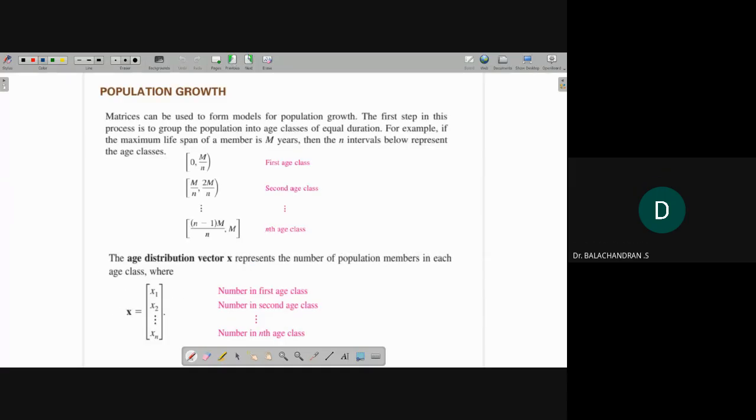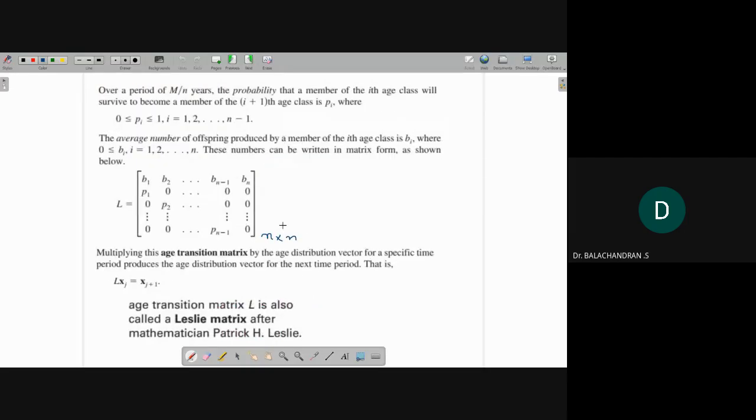Capital X. Okay, multiplying this age transition matrix by the age distribution vector for a specific time period produces the age distribution vector for the next time period. So that is L times Xj equals Xj plus 1.